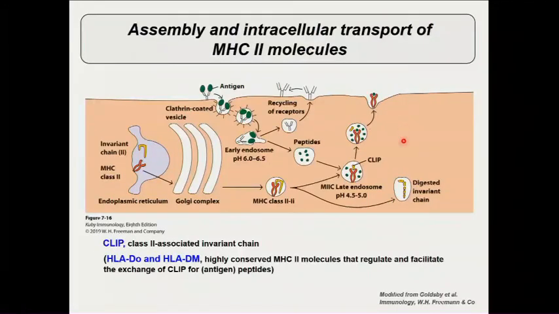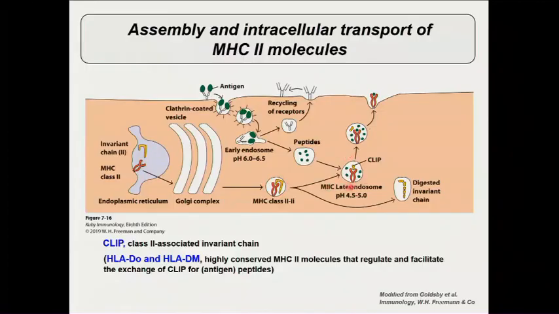So we start again with an MHC protein in the endoplasmic reticulum. You see the different number. You have an invariant chain here, some sort of chaperone. It goes to the Golgi, ends up in vesicles with that chaperone blocking it.